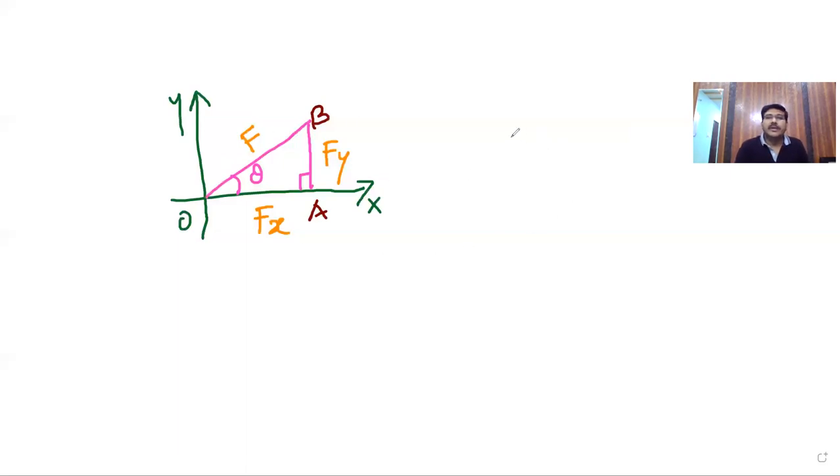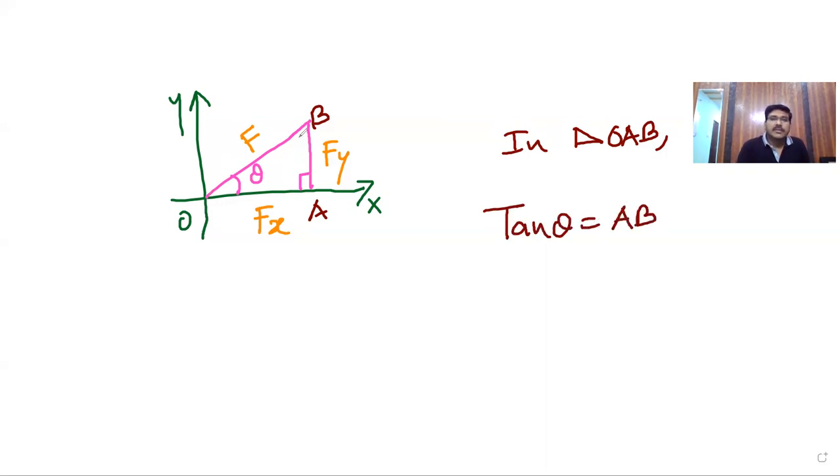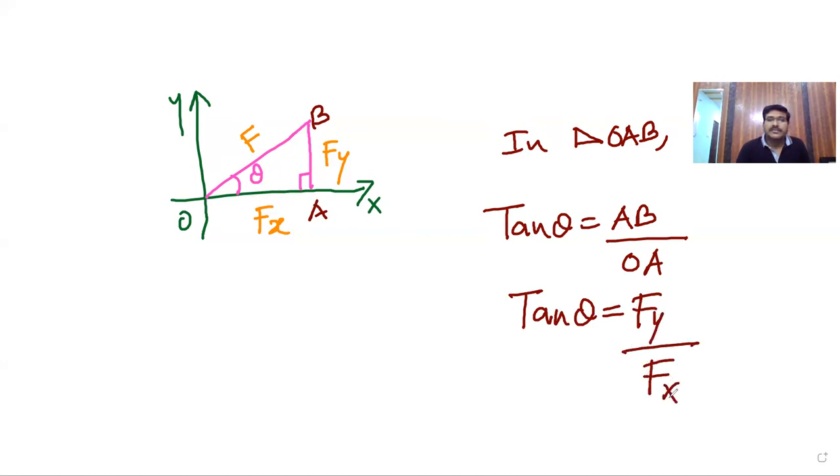In this right angle triangle OAB, tan theta is opposite side AB by adjacent side OA. So tan theta is OB, that is Fy, by OA, that is Fx.